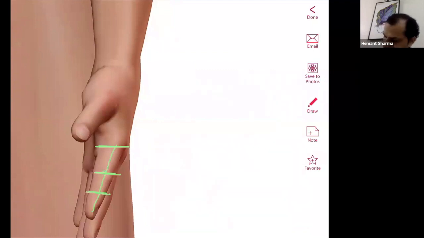So if we choose the middle joint, just putting one needle here on this point can treat the frontal headache. Because we are working on the frontal lobe with the help of index finger. So we have to insert only one needle here.